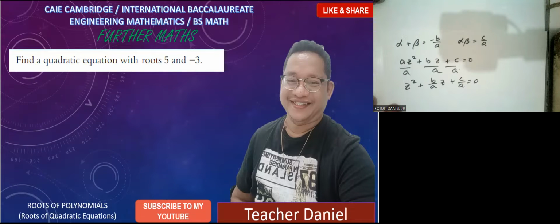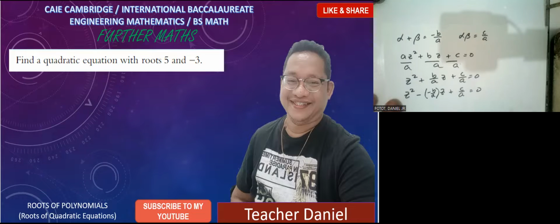The relevance of this is that the sum of the roots is negative b over a, so you can rewrite this as z squared minus (negative b over a) z plus c over a equals 0.